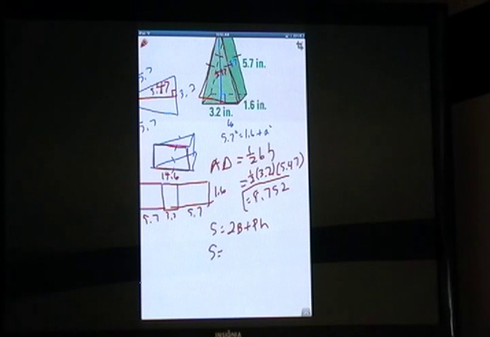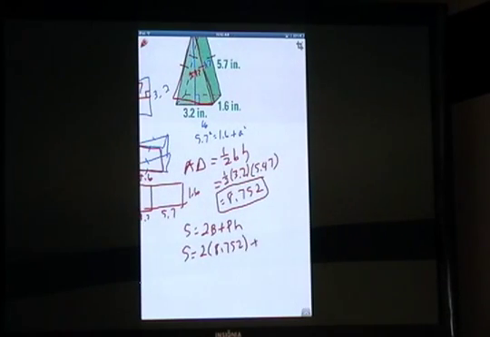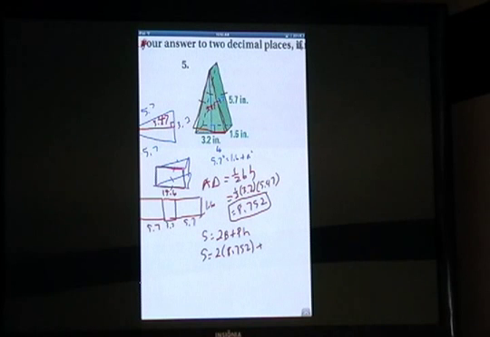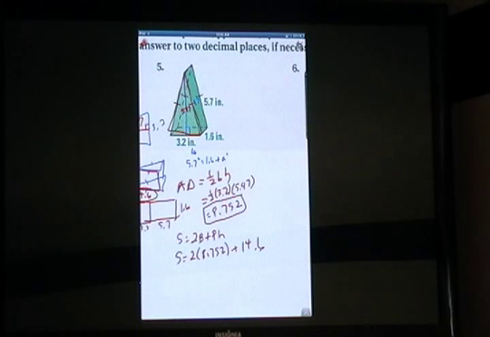Here's the base, the area of that triangle, 2 times 8.752 plus the perimeter, which is 14.6 times the height, which is 1.6. 14.6 times 1.6 is 23.36, plus 2 times 8.752 is 17.504.